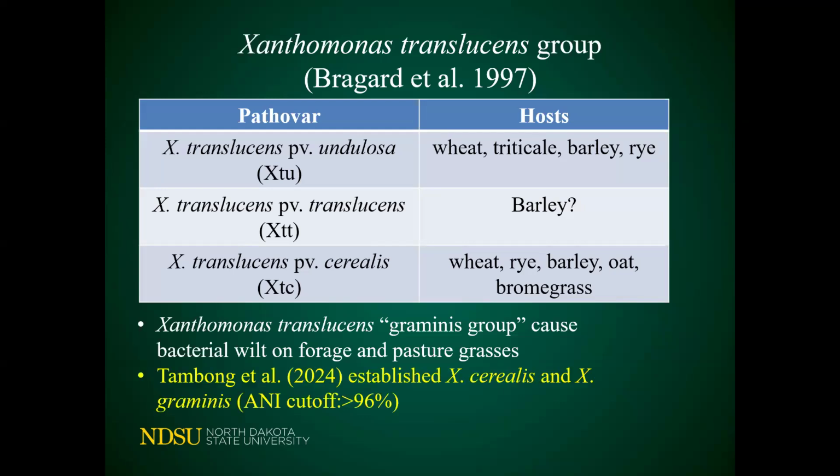And just last year, there was a new finding: the taxonomists found that XTC, the cerealis, looks quite different from XTU and XTT, and they think they should establish a new species called Xanthomonas cerealis, and likewise Xanthomonas graminis. This is based on an ANI cutoff of 96%, so they think a new species should be established.